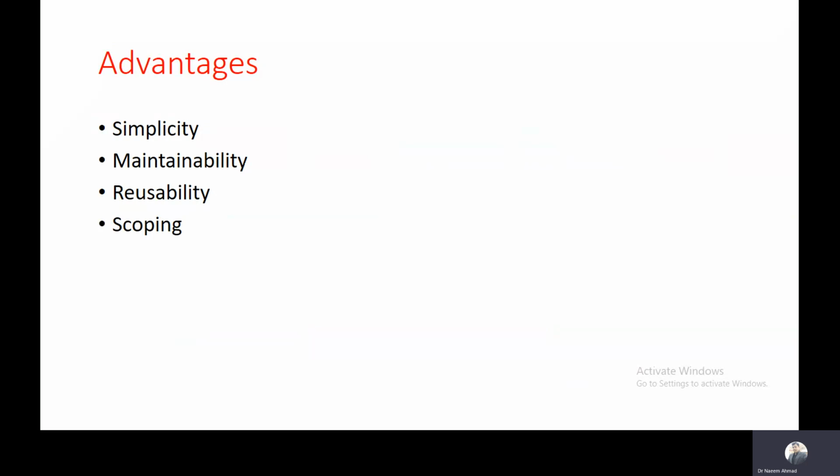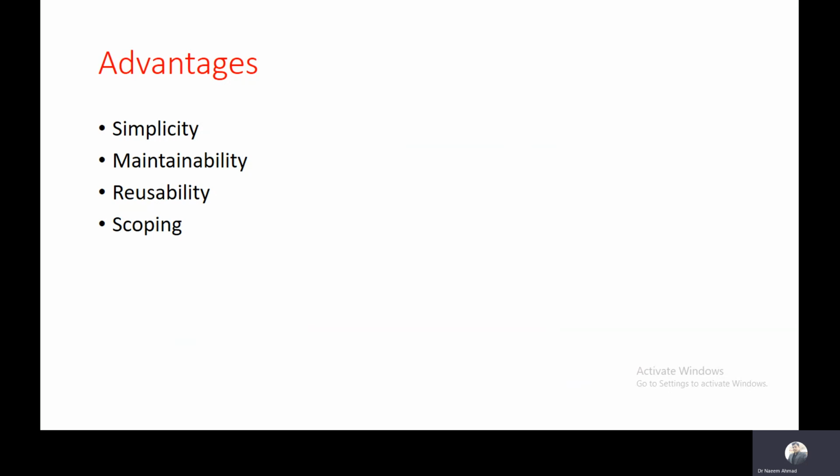Python modules also promote reusability. Suppose we create one module for a particular application, and later we develop another application that requires a functionality we have already created in the first application. Directly we can import that module and use that functionality for the other application.